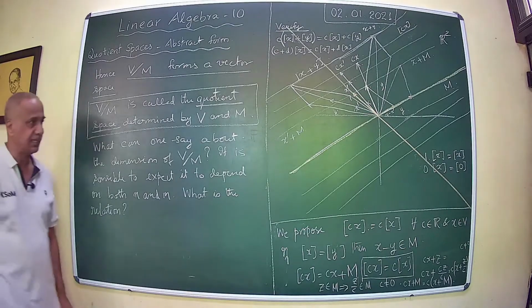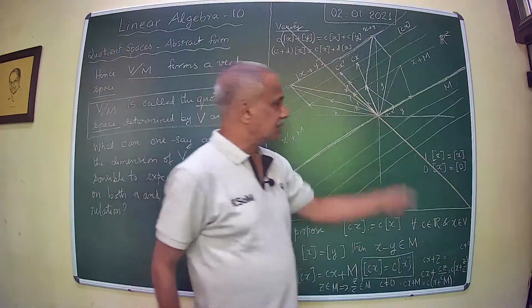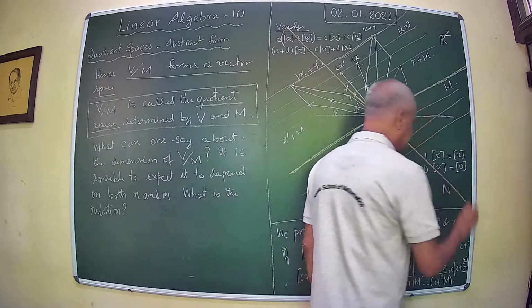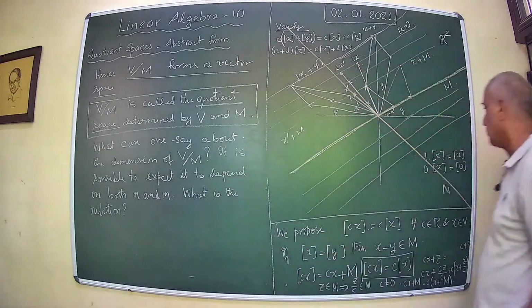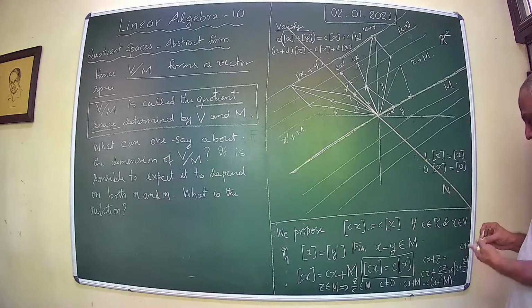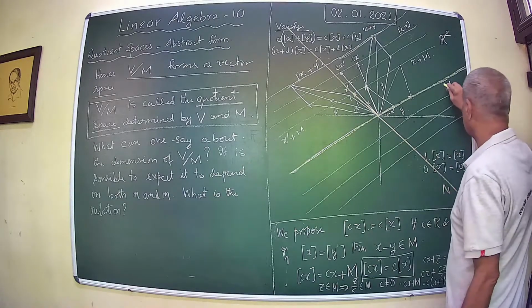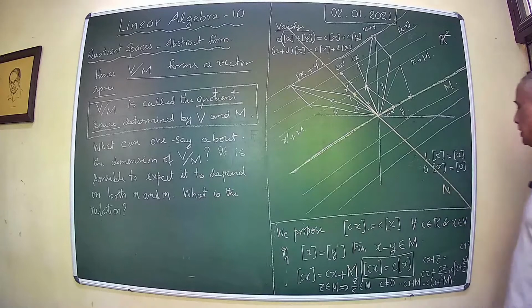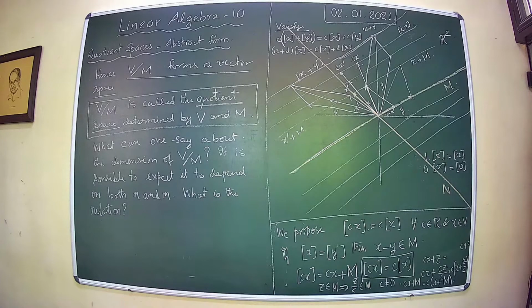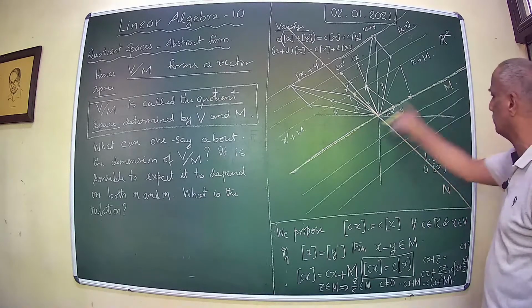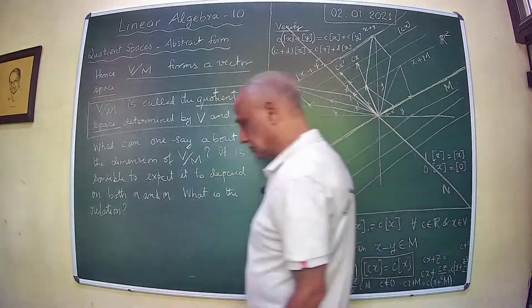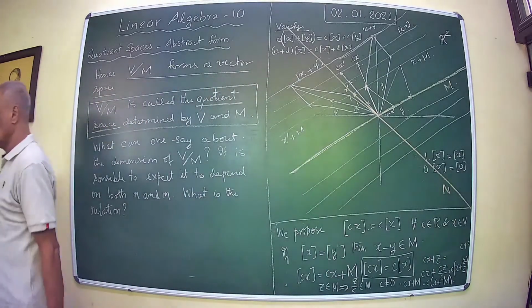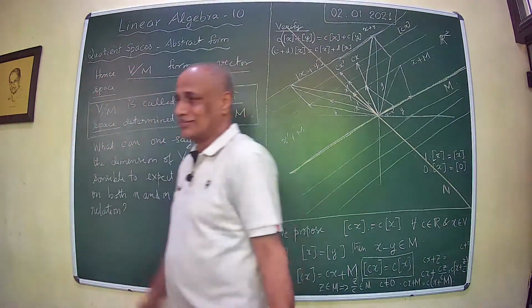So you start with a vector in this case, let me write this N, in N, and then you take a scalar multiple of that, something like Cx. Cx also belongs to N. Then you draw the line parallel to M. That's the quotient generated by Cx.